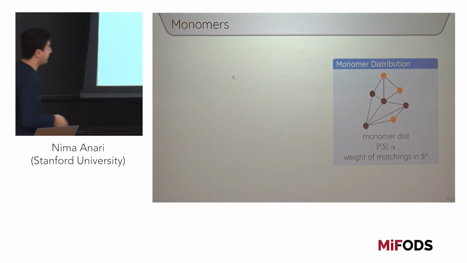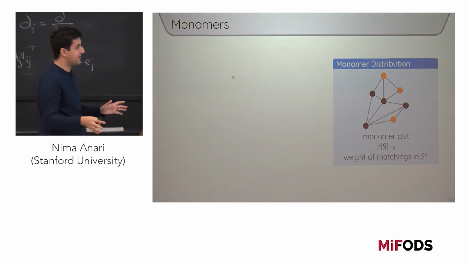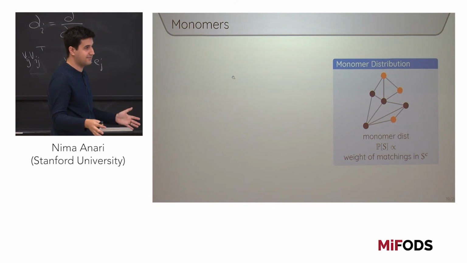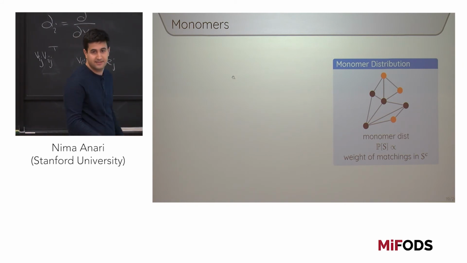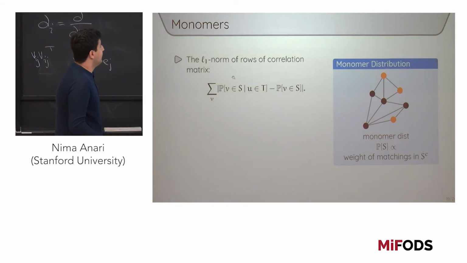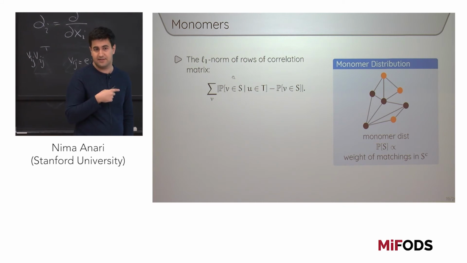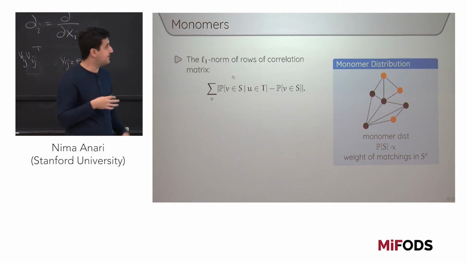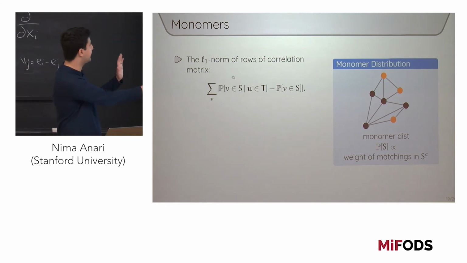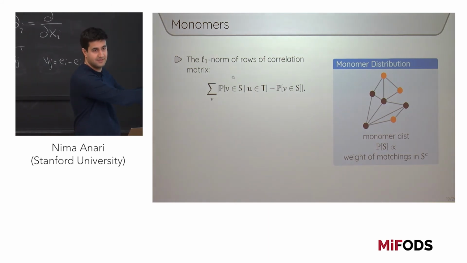Right? So this model doesn't have decay of correlations. It doesn't have negative correlations, but we're still going to be saying something about it. We are going to, similar to the negative correlation regime, show that the L1 norm of rows of this correlation matrix are bounded. Okay? But this is different from the negative correlation regime because I can't just drop the absolute values. Things have different signs here. Okay?